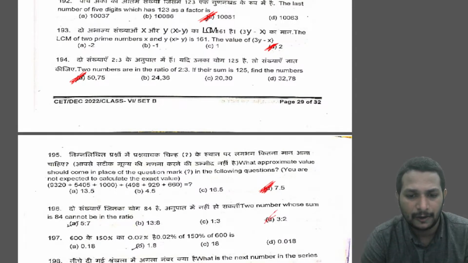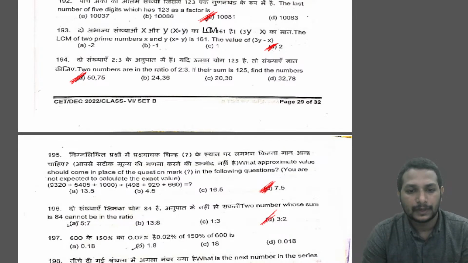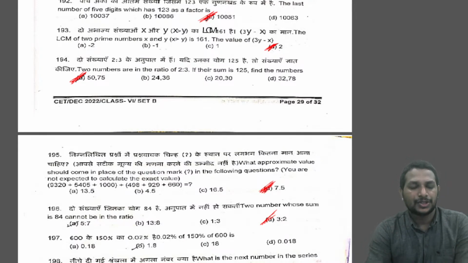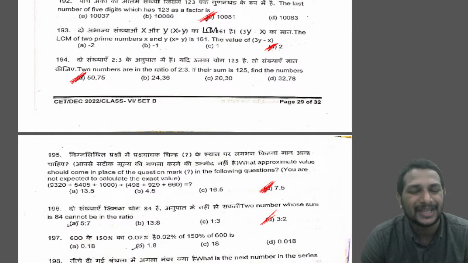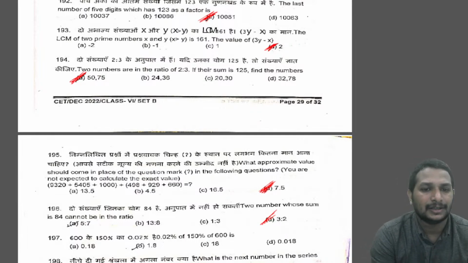Option D. Now, look at the next question, 197. It is based on percentages, and they gave multiplication and decimal values also.